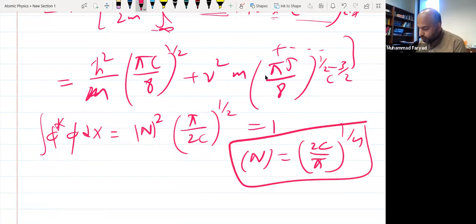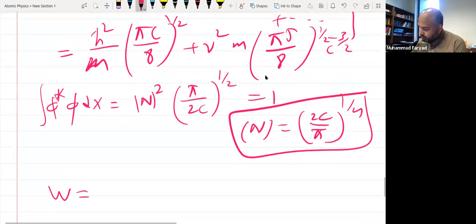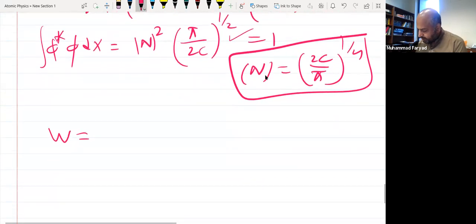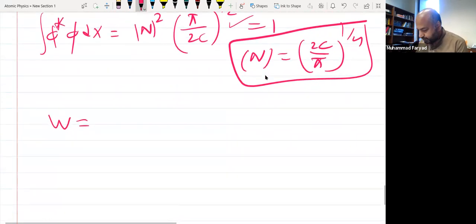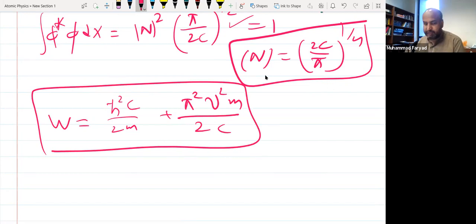And then if I use now this integral, what you have to do is divide this term by this thing, and w will be h cut square c over 2m plus pi square nu square m over 2c. So this is what w is.